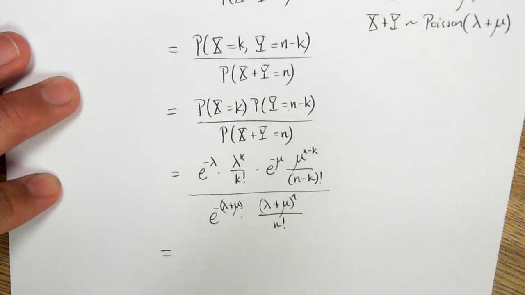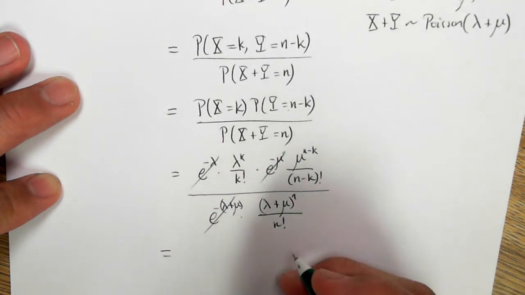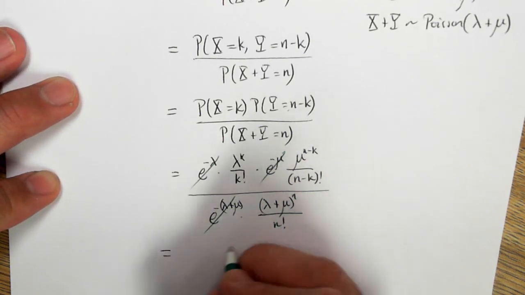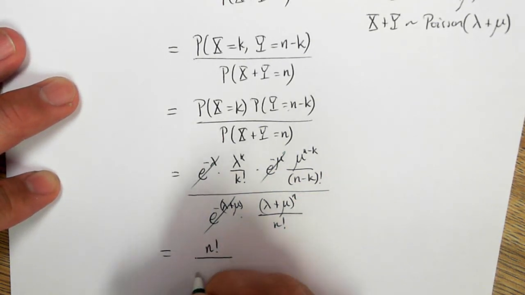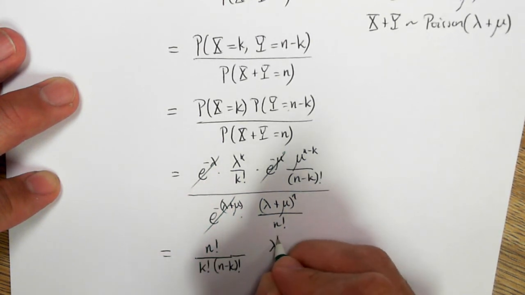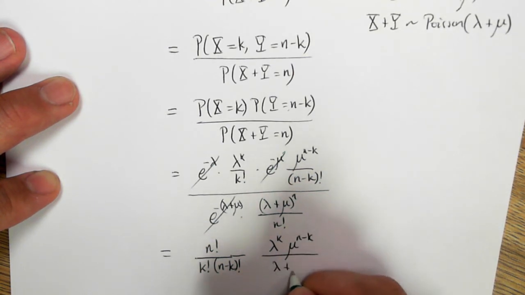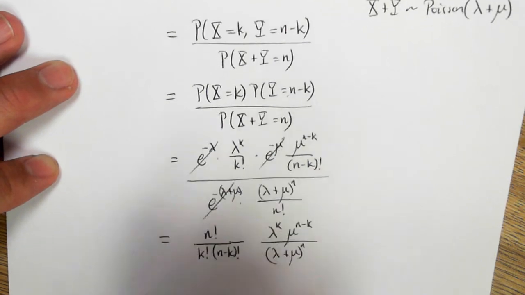Now, can I do better than this? Well, clearly the exponential terms cancel. And if I rewrite this, I get n factorial over k factorial times n minus k factorial. Then I have lambda to the k, mu to the n minus k, over lambda plus mu to the n.